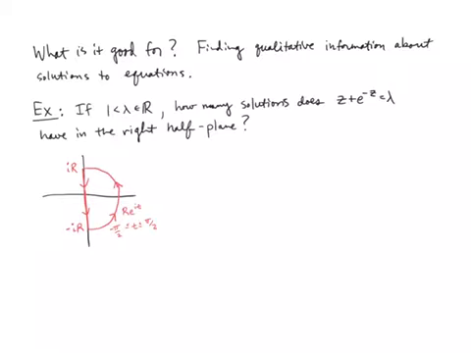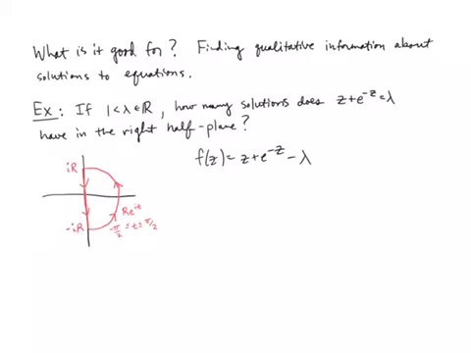So the curve is pictured there. When r is very large, it's going to enclose a very large portion of the right half plane. So that seems to be a good curve to work with. And we'll just consider the function f of z equals z plus e to the minus z minus lambda. So we're looking for zeros of this function.